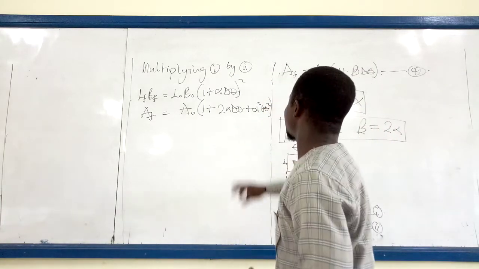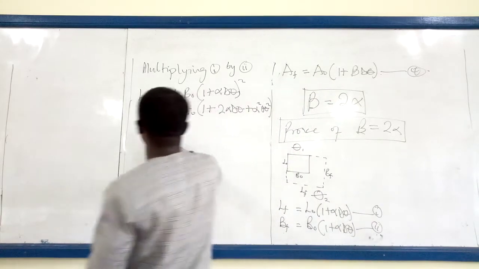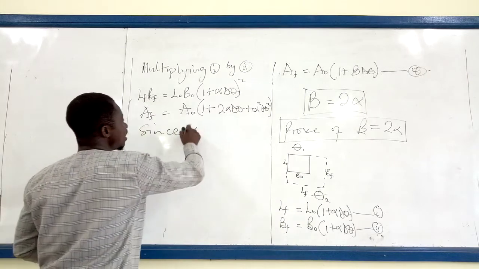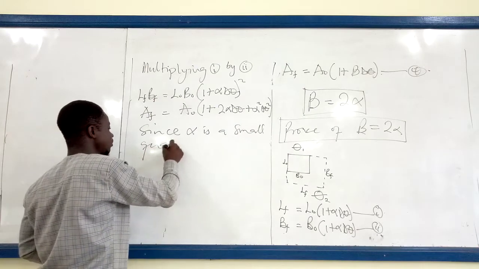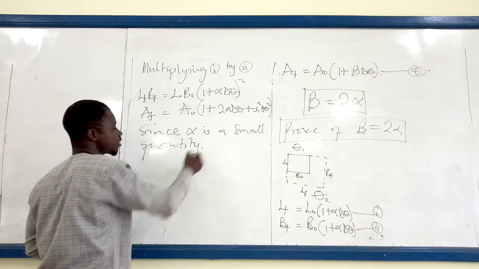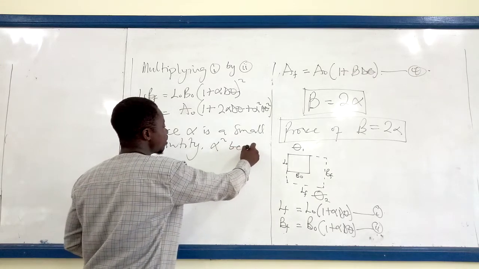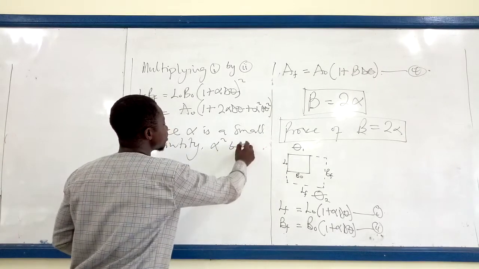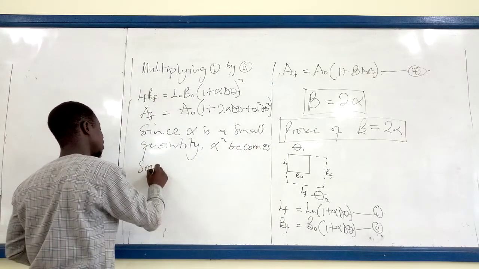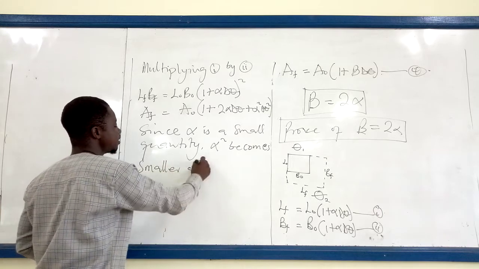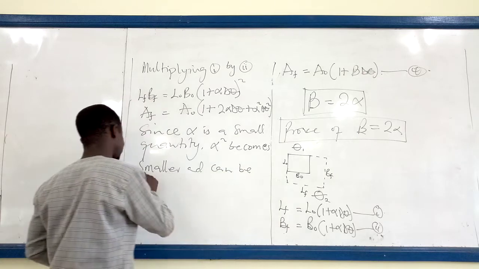So what that means is that since alpha is a small quantity, alpha squared becomes smaller and can be neglected.